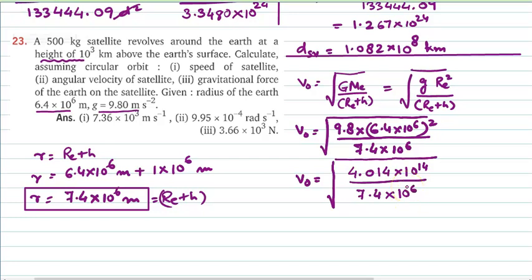Divide this by 7.4 into 10 to the power of 6. Probably you should land up, probably I'm not sure, just check out in your calculator. You should be landing up with an answer of 5.42 into 10 to the power of 7. Isn't it? और इसका रूट लेना होगा. इसका रूट ले लो.